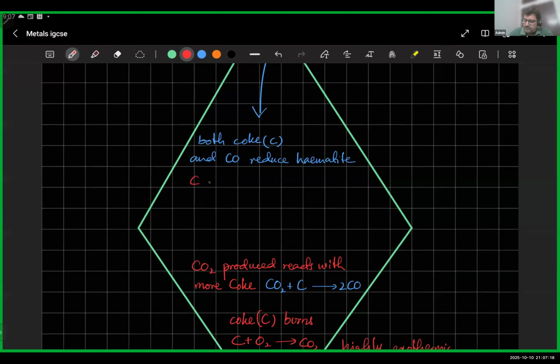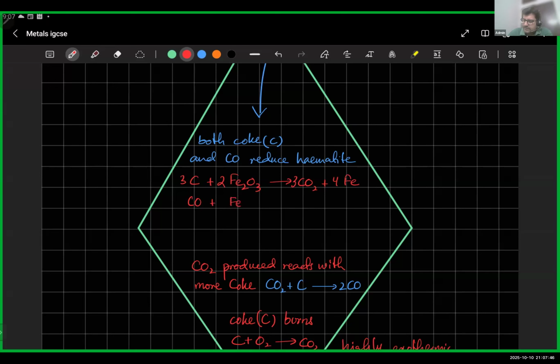So carbon goes to Fe2O3. Carbon is more reactive. So it goes to the rock, which is now in molten state, steals all the oxygens, and Fe gets produced. And you can balance it. There's going to be 2, and there's going to be 3, and there's going to be 4 Fe's, and there's 3 carbons.